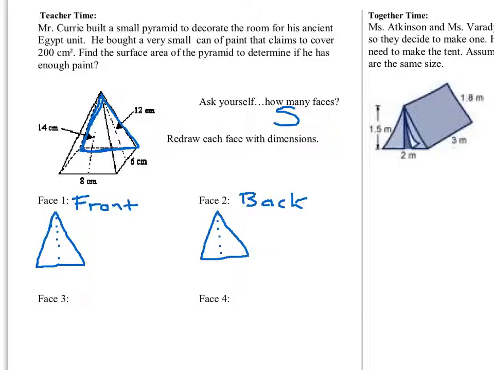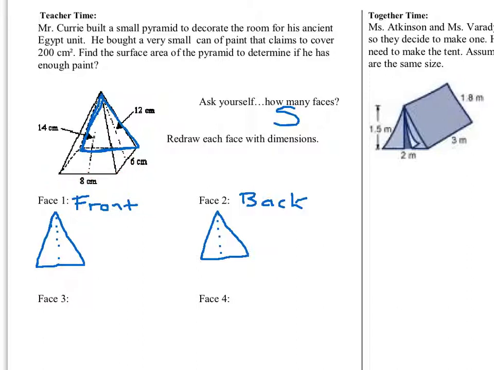So what is the base of the triangle for the front and the back? Cassandra? 14 and 12, those look like 2 different heights. So when we look at that, this 14 is measuring from the very point all the way down to the bottom here, and the 12 is measuring from the point all the way down to the bottom here. Are those the bases of that triangle?